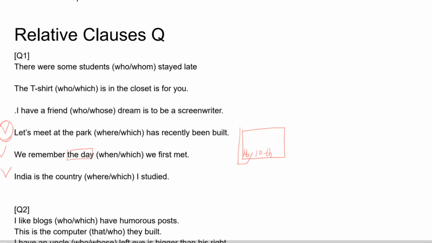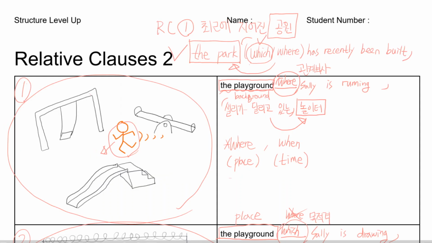So in this day, the first situation could be that some person does something in it. In this type of situation, we have to say where or when. But we are talking about days, so we should use when. That's type 1 here.